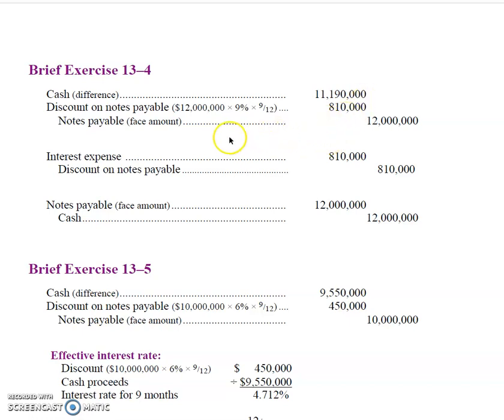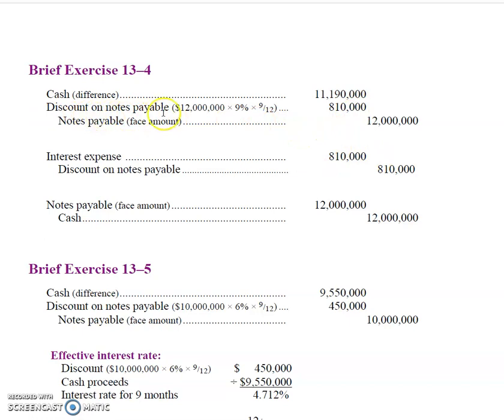Okay. Then on November 30th, when the note matures, we're going to need to convert the discount to interest expense, because now we have incurred all that interest. So we debit interest expense, credit discount on notes payable for the entire $810,000.